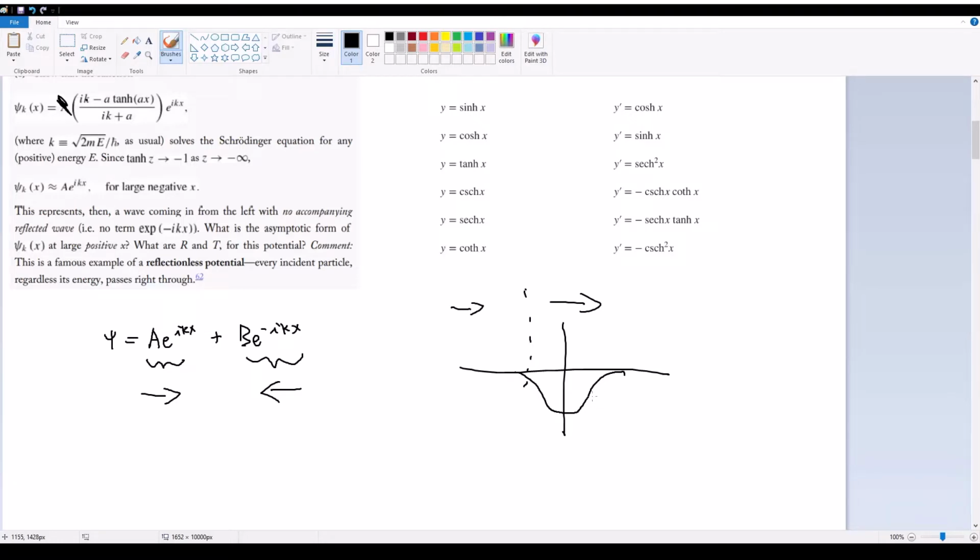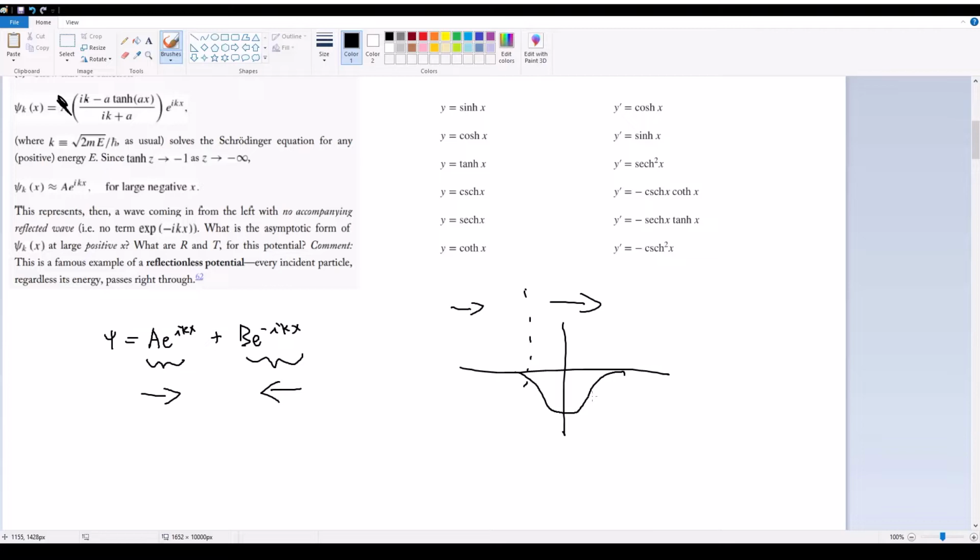And that's very weird. That's not what we would expect, because everything we've treated up to this point in free particle cases is that whenever you have a potential well or a potential barrier, and you have an incoming free particle, you always expect it to either transmit through or reflect back.